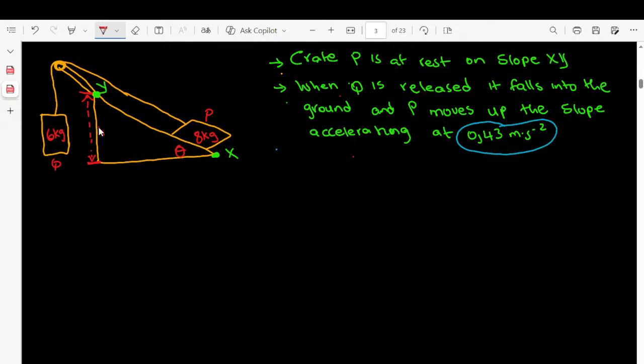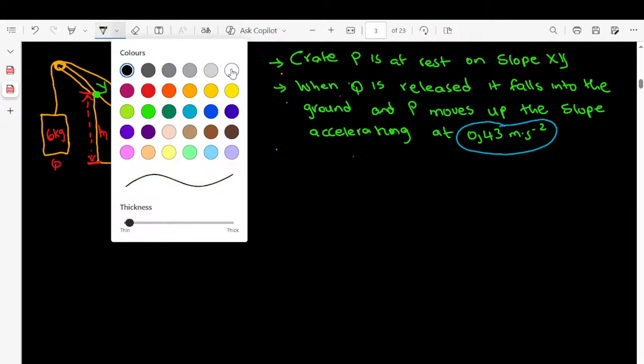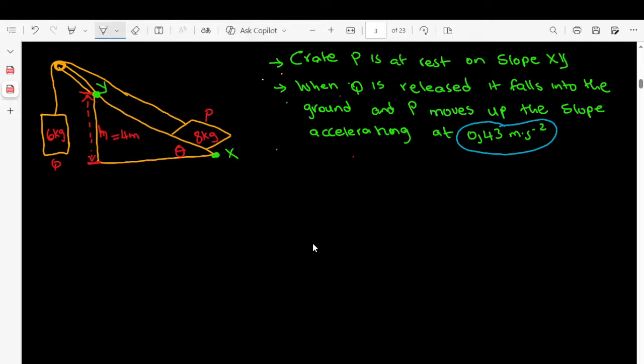The height is equal to 4 meters. We're going to answer the following questions now. Let's not say 4.1. Let's call this number 1.